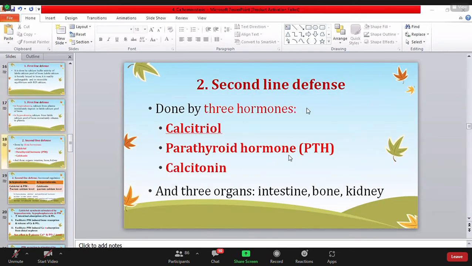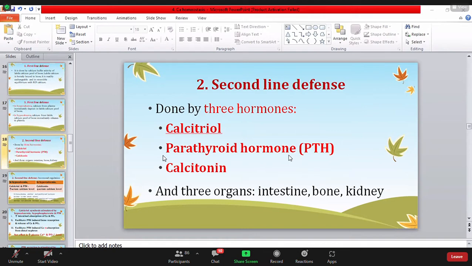Now the second line of defense is done by 3 hormones and 3 organs. The 3 hormones are calcitriol or 1,25-dihydroxycholecalciferol, parathyroid hormone, and calcitonin.